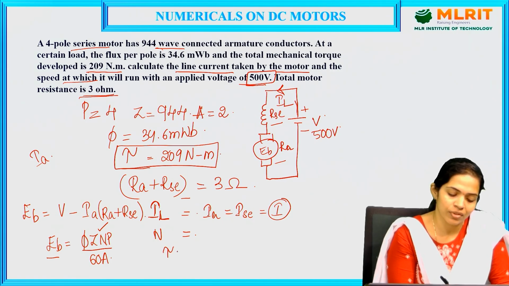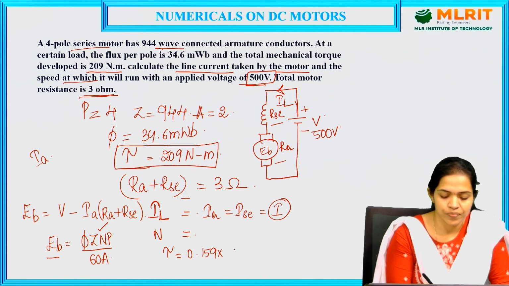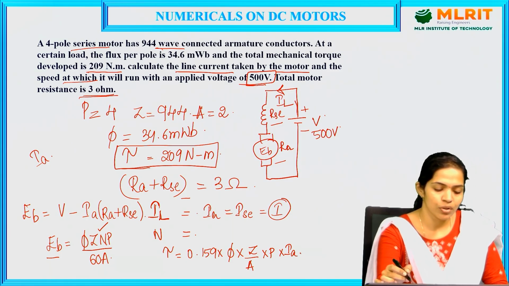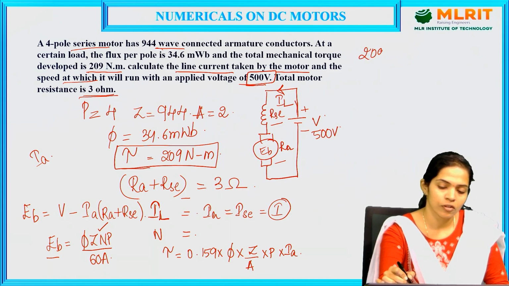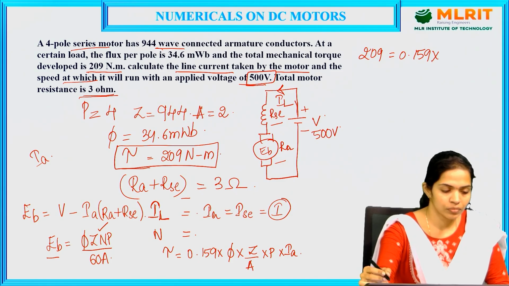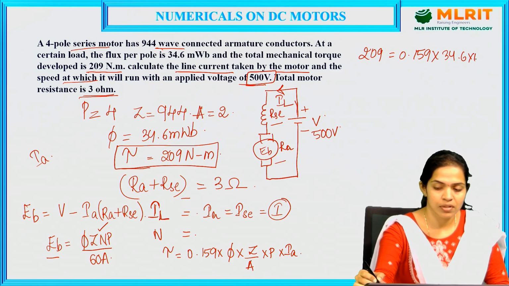So the torque equation is nothing but 0.159 into ΦZ by A into P into IA. So the value of torque is given as 209. 209 is equal to 0.159 into flux per pole, given as 34.6 milliwebers, multiplied by the number of conductors 944.